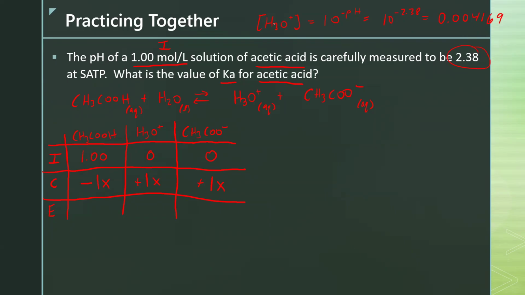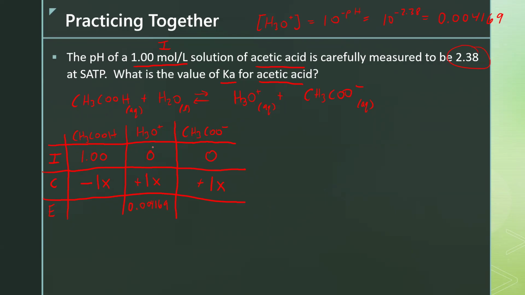That's our concentration of H3O+. Because that H3O+ was produced after we added the water, it's safe to say that that concentration is going to be our equilibrium. So I'm going to write that number right in here, 0.004169.